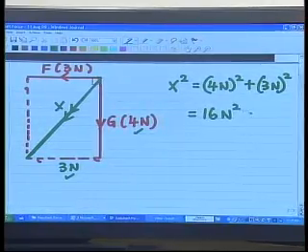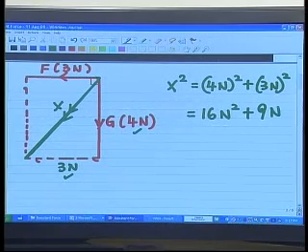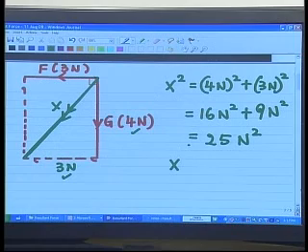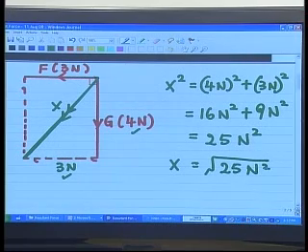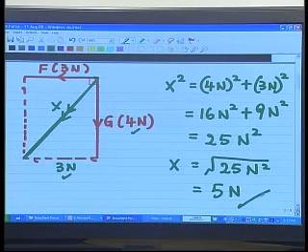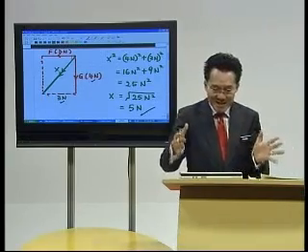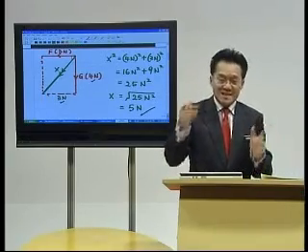What we'll get is 16 newtons squared plus 9 newtons squared, which is 25 newtons squared. So we need to calculate the square root of x squared, which is x. The square root of this is 5 newtons. Beautiful. So this is the magnitude of the resultant force x.